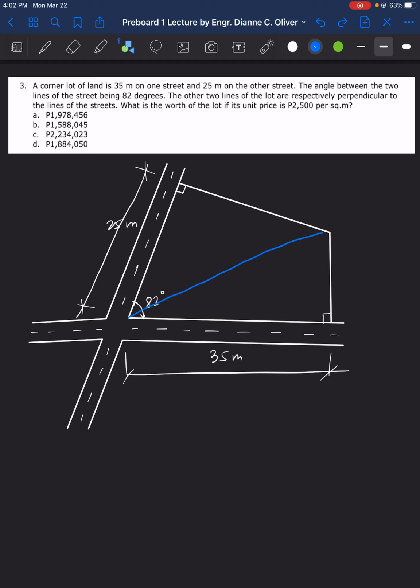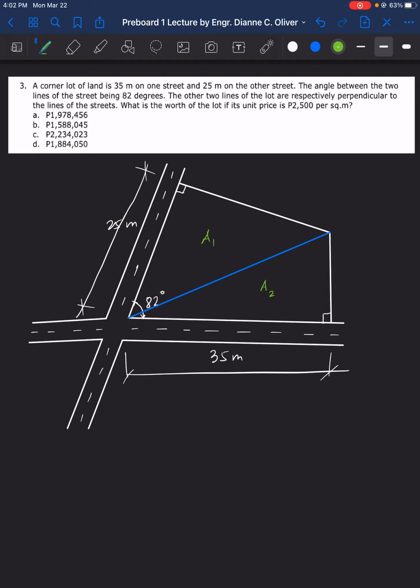This is one solution that I found. I will divide this into two and find the areas 1 and 2.